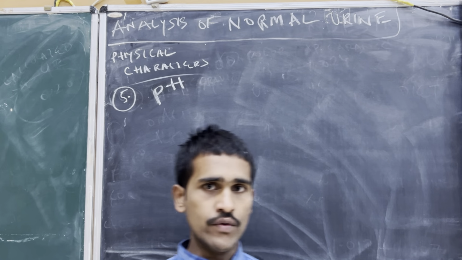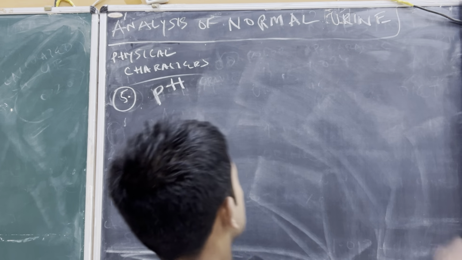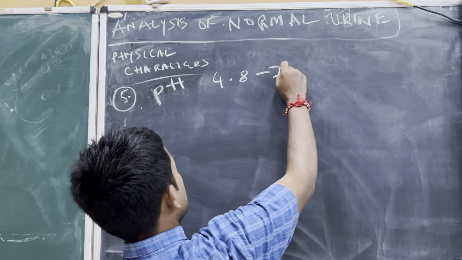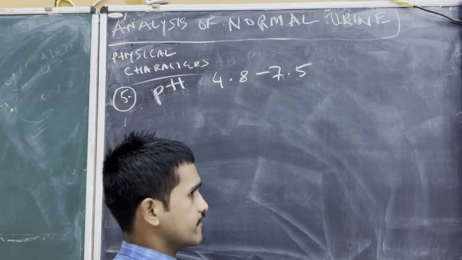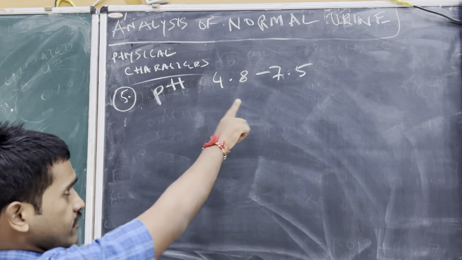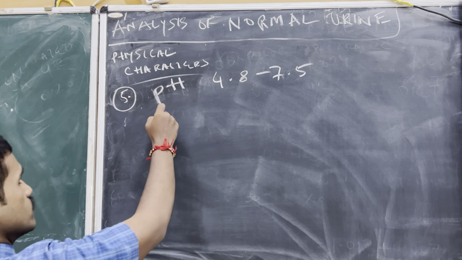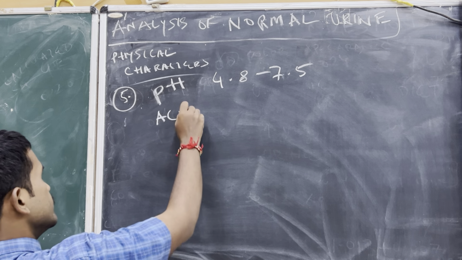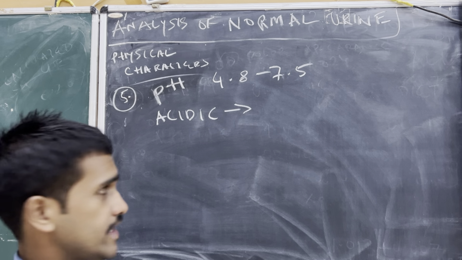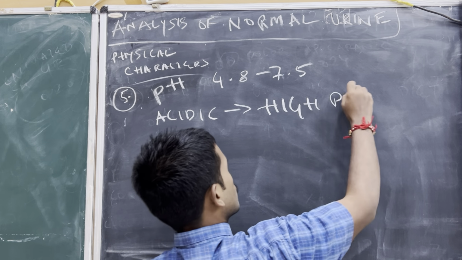pH of normal urine. According to many standard practical textbooks, it is in the range of 4.8 to 7.5. Different textbooks have given it slightly differently, but this is one standard. In which conditions will the pH become acidic? The pH of urine becomes acidic in high protein diet.